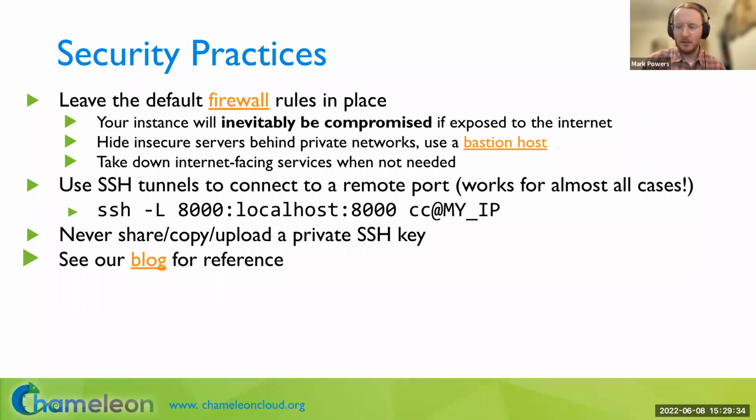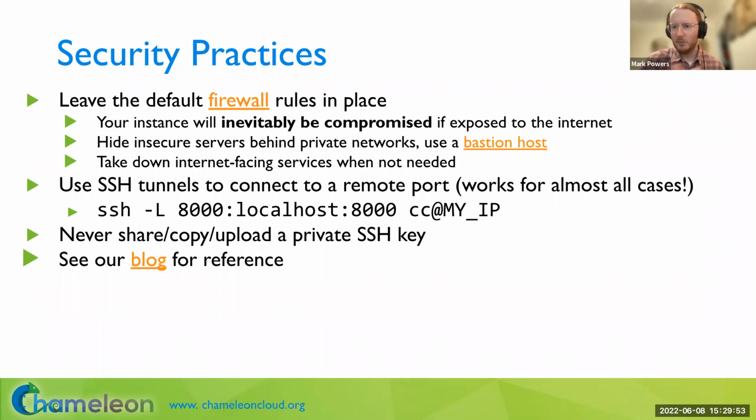Let's say you want to use Jupyter Hub, like I talked about at the beginning, on a node that has a GPU so that you can make full use of it. That would require you to open port 8000 on the firewall so that you can connect to it.